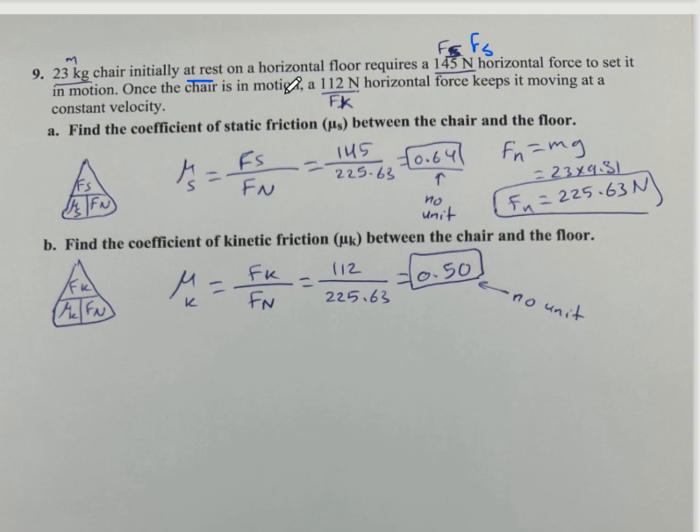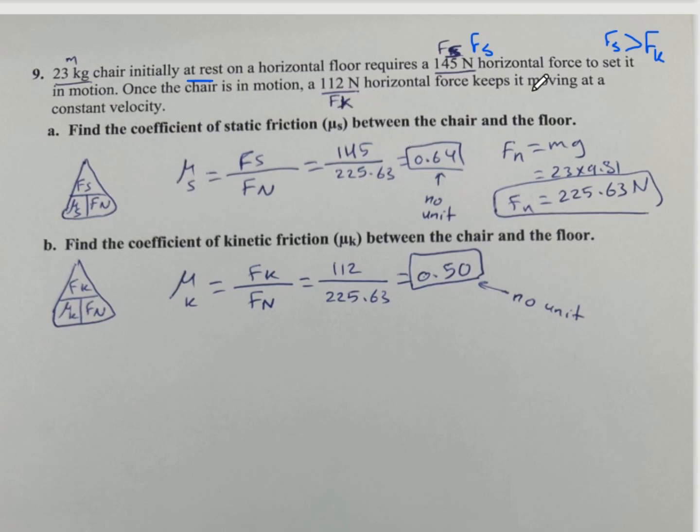Once the chair is in motion, this is Fk, 112. Don't forget Fs is always more than Fk. So 145 is more than 112, so 145 is Fs and 112 is Fk.